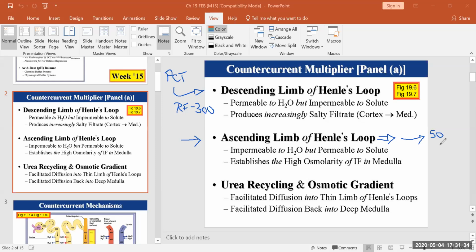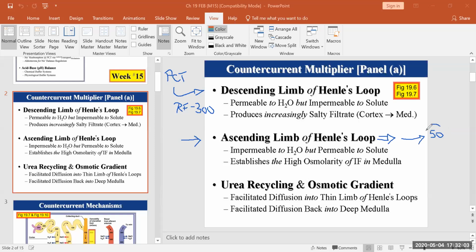Therefore, that renal filtrate in that ascending portion becomes more dilute. So that osmolarity will drop, moving from a deeper region of the renal medulla and going up toward the renal cortex again. Now you're seeing it start at 1400 and decrease all the way to 100 as it's leaving that loop of Henle and gets into the distal convoluted tubule, right?